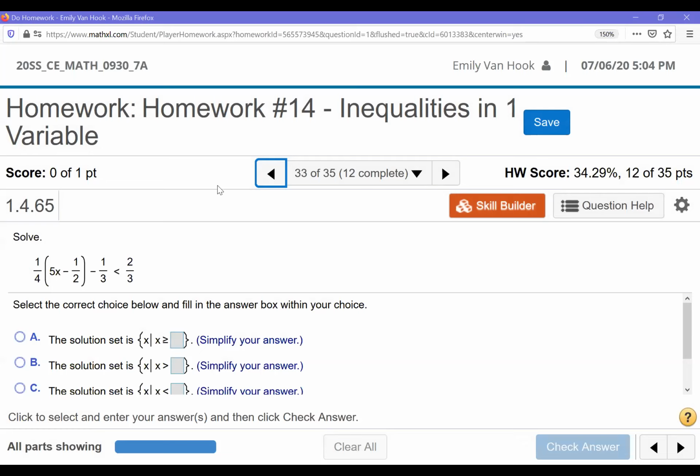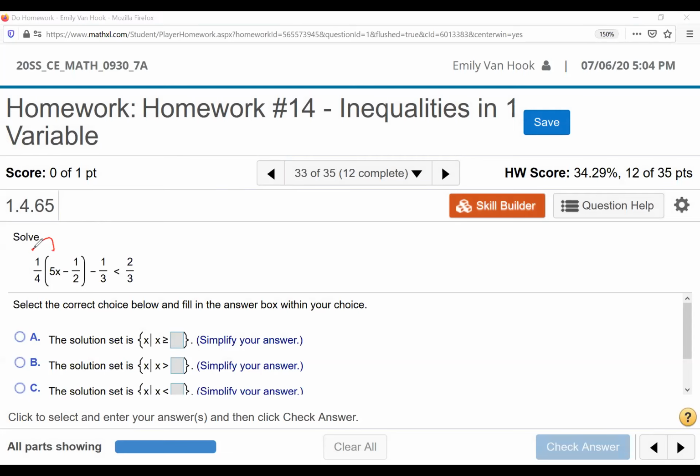Okay, here's 33. 1/4, parentheses, 5x minus 1/2, close parentheses, minus 1/3, less than 2/3. Okay, let's start by distributing that 1/4. And then we'll get rid of those parentheses.